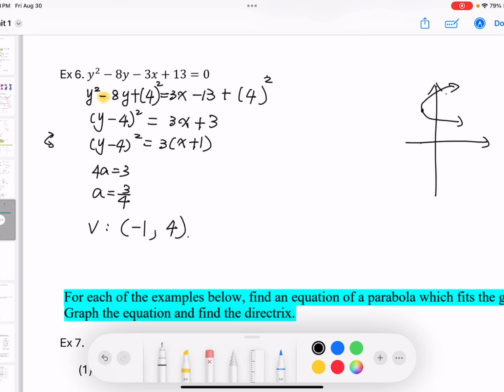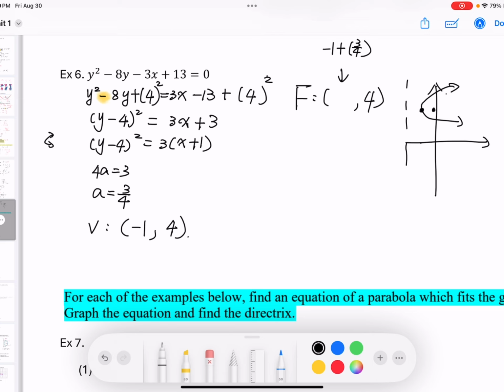Next step. I don't know where my focus is. Maybe here, maybe here. It's hard to say. So the focus and the vertex must have the same y value. So we put F here with the same y value. Copy the y, which is positive 4. And then for the x value, if we're using the formula, we use -1 plus a, 3 over 4.